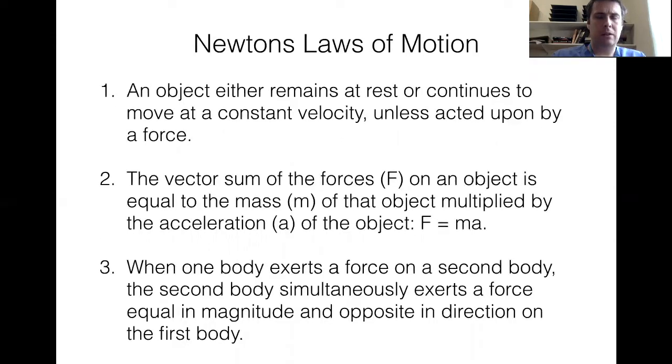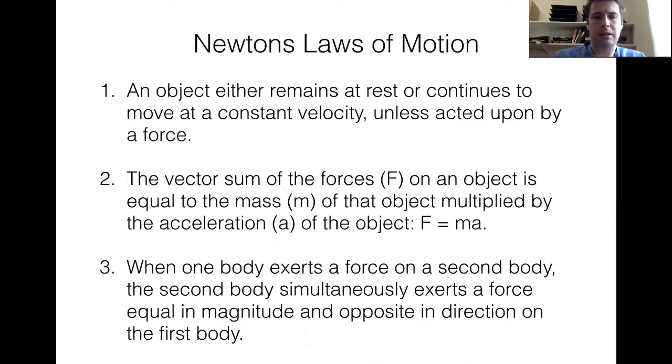Sir Isaac Newton described 3 laws of motion. The first law is that an object either remains at rest or continues to move at constant velocity unless it's acted upon by an external force. The second law of motion is that the vector sum of the forces on an object is equal to the mass of that object multiplied by the acceleration of the object.